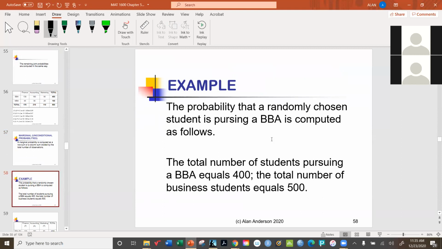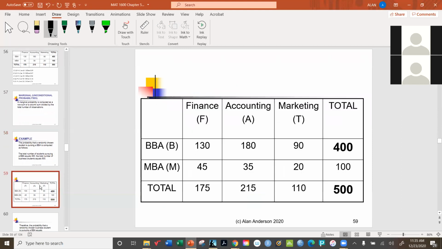What if I want to know that a randomly chosen student is getting a bachelor's degree, regardless of his or her major? Well, altogether, there's 400 bachelor's students.